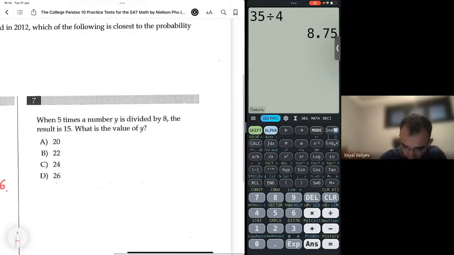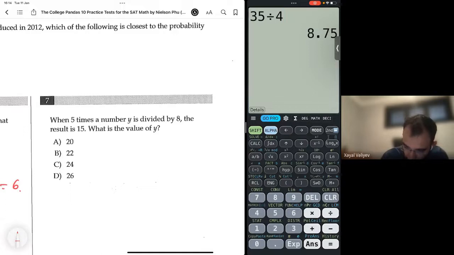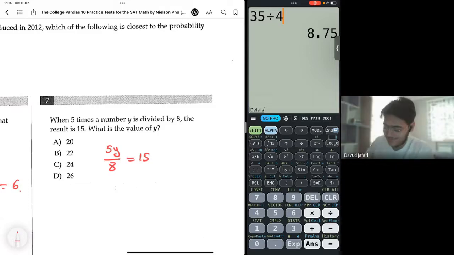Question 7. When 5 times a number y is divided by 8, 5y divided by 8, the result is 15. What is the value of y? The hardest question.